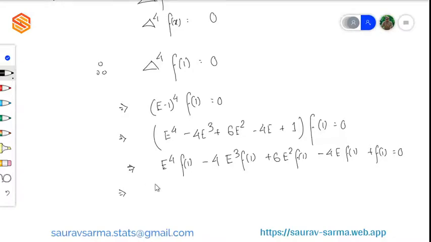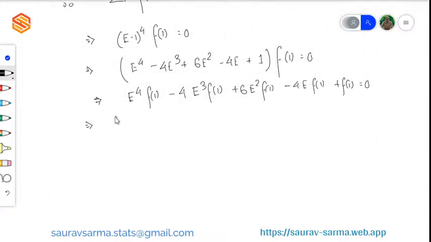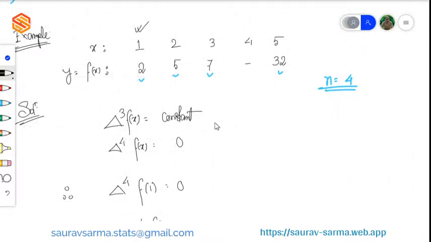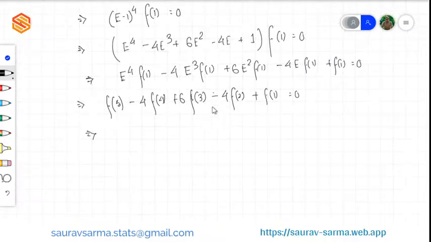This implies f of 5 minus 4 times f of 4 plus 6 times f of 3 minus 4 times f of 2 plus f of 1 is equal to 0. In this question the missing value was f of 4, right?